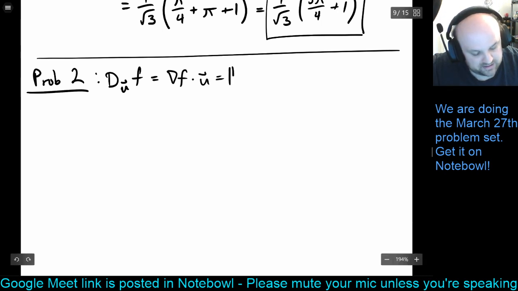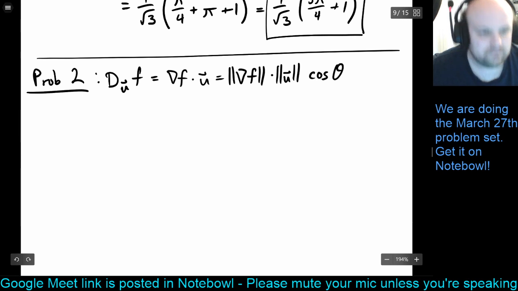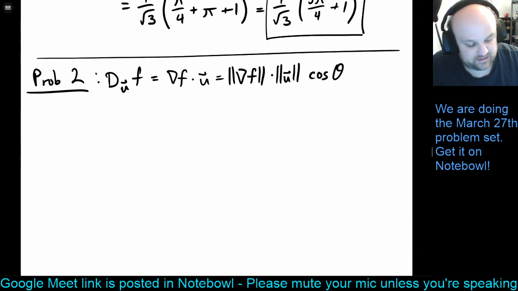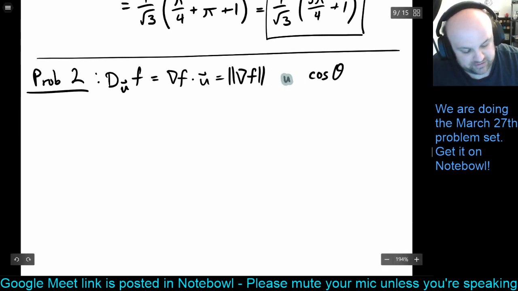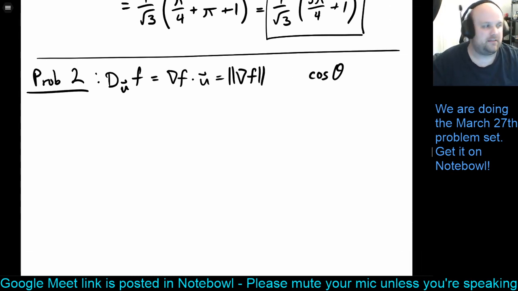We're going to have that that's magnitude of the gradient times magnitude of u times cosine of the angle between them. Right? And, well, u is meant to be a unit vector, so no reason to keep that magnitude of u there because it's just 1.